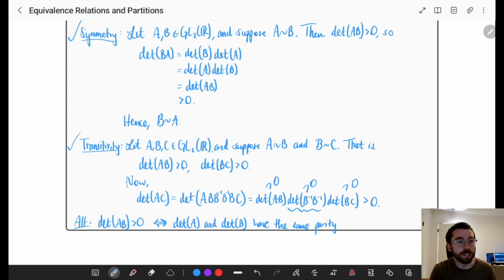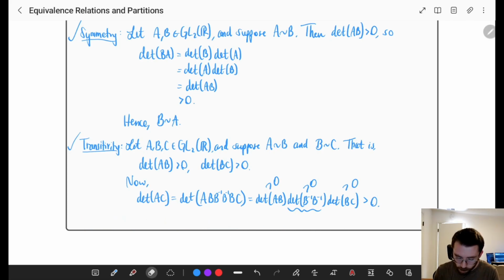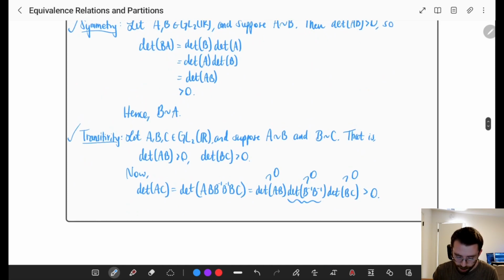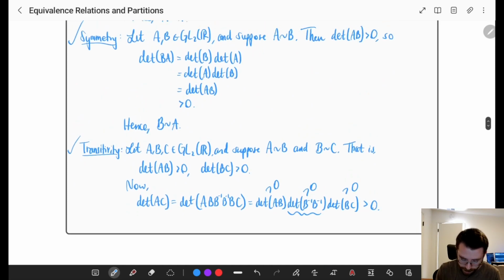And you can prove all three of these results using just that. You may need the multiplicativity of the determinant a little bit. I'm not sure. I don't remember, but great. Either way you want to do it, you get that this is an equivalence relation because it satisfies all three properties.